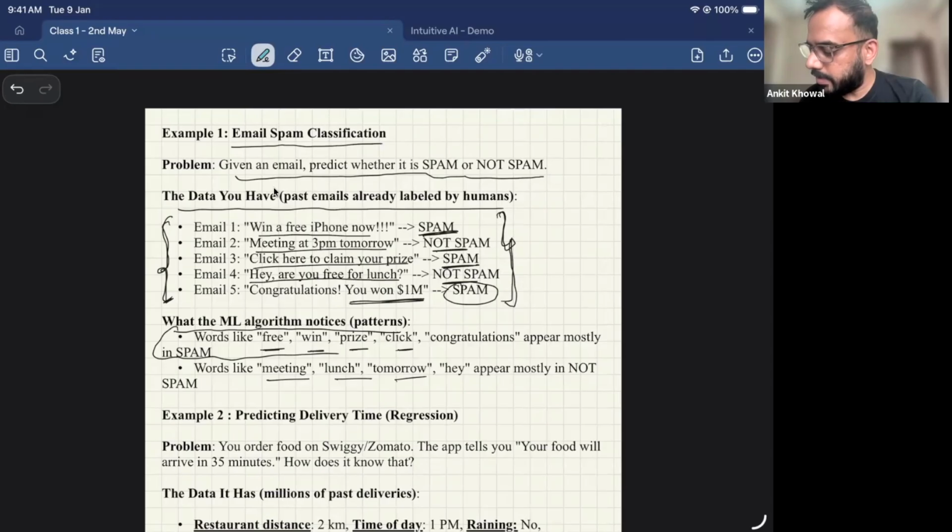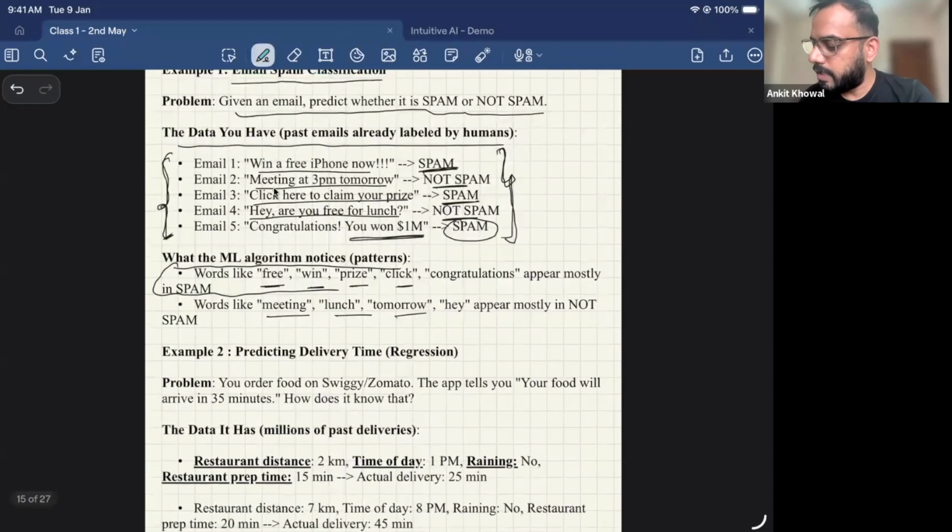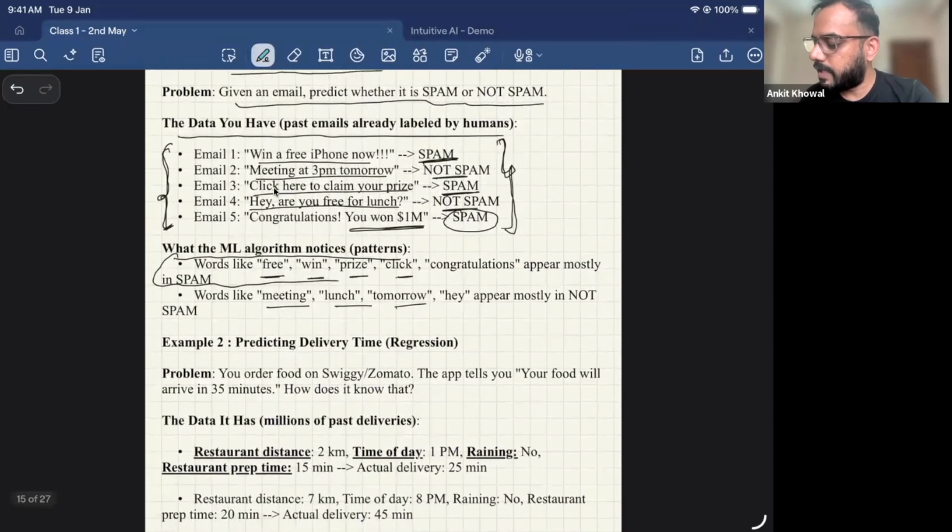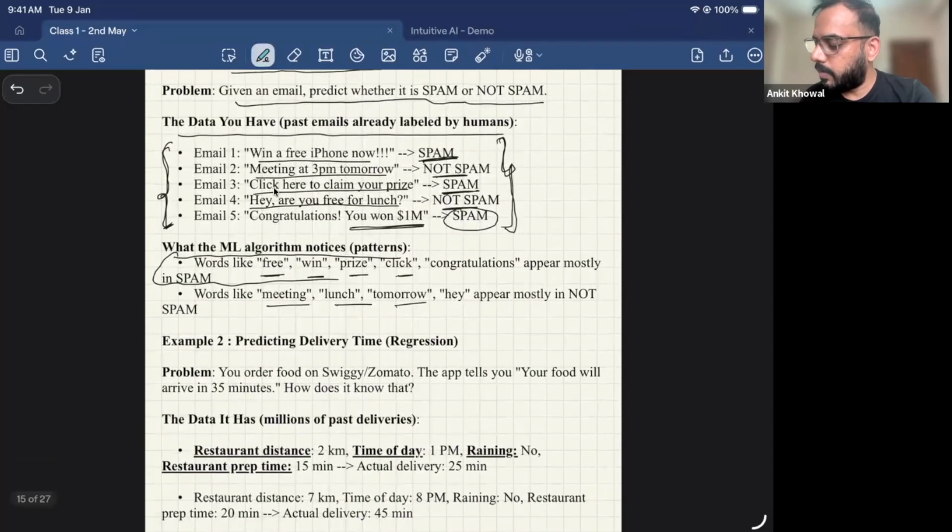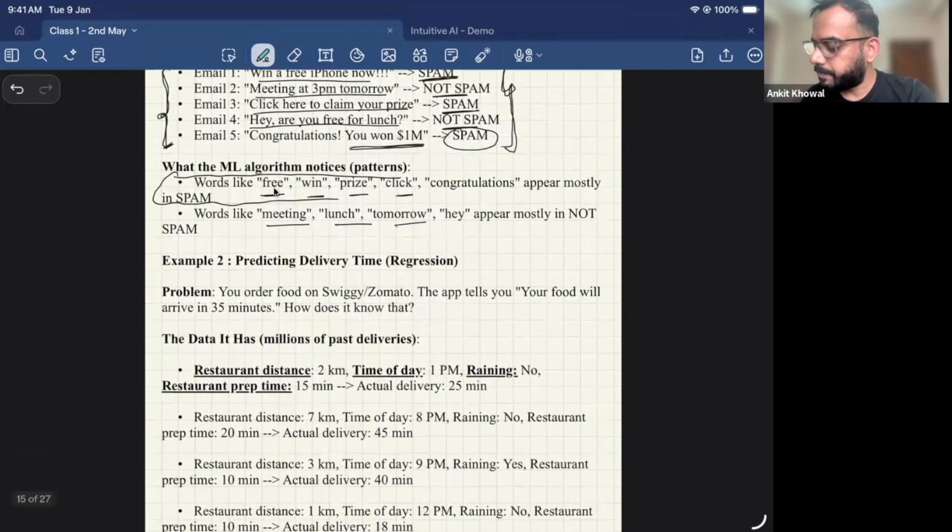Okay, so this is how the ML algorithm will basically work. So this is an example of classification. Now you will give it one email and ask it to classify whether it's a spam or not a spam, right? This is what a classification ML algorithm does.